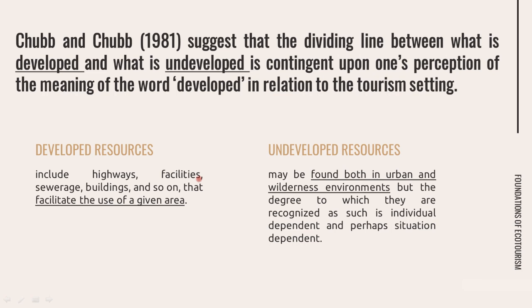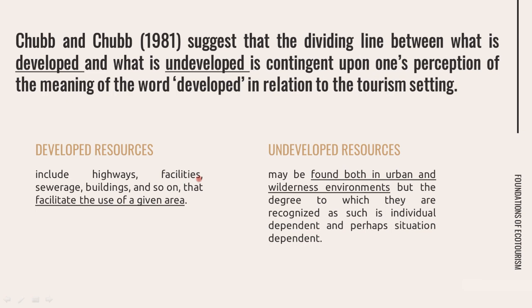So the next type of resources is the undeveloped resources. So this may be both in urban and wilderness environment, but the degree to which they are recognized as such is individual dependent and perhaps situation dependent. So when we say undeveloped resources, from the word itself, hindi pa siya nade-develop. But most likely, it is also called potential resources.